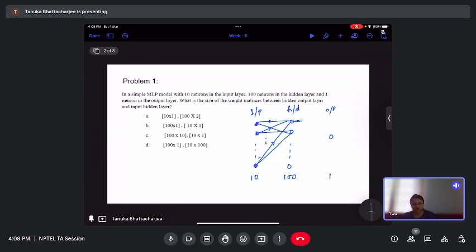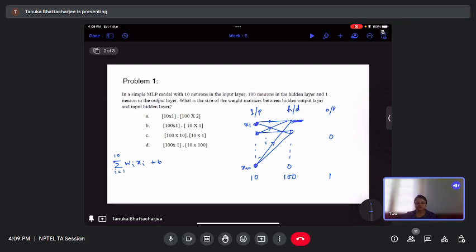Now, how do you compute the output of the first neuron at the hidden layer? So, let us say this is x1 to x10. You generally do a linear combination, which is, let us say, wi xi plus some bias term, where i goes from 1 to 10.